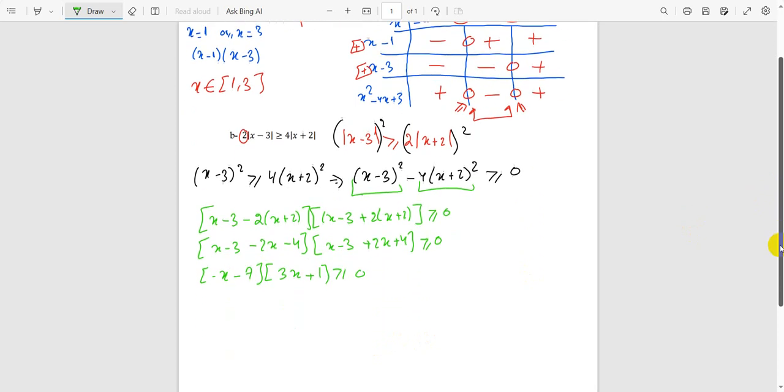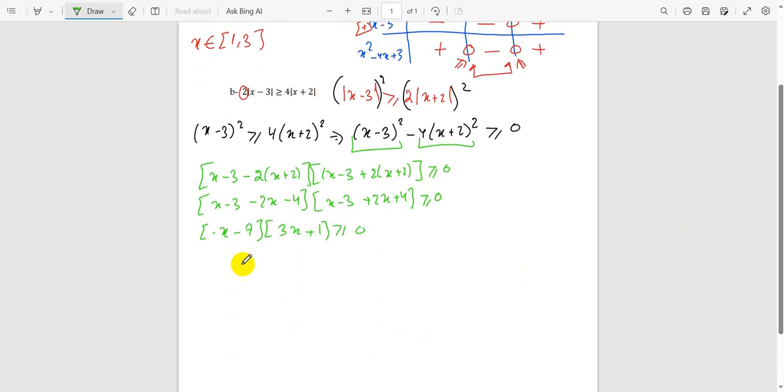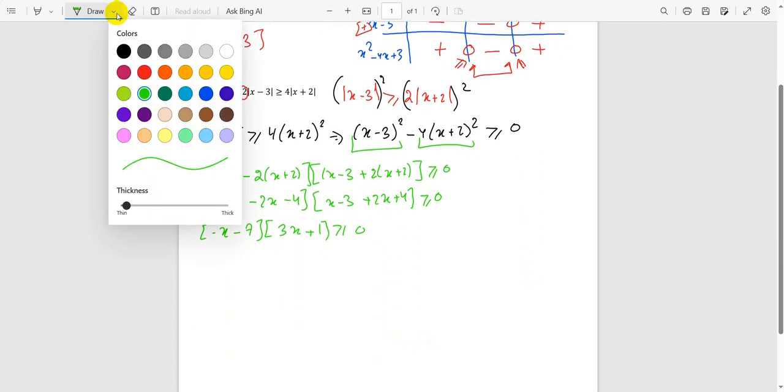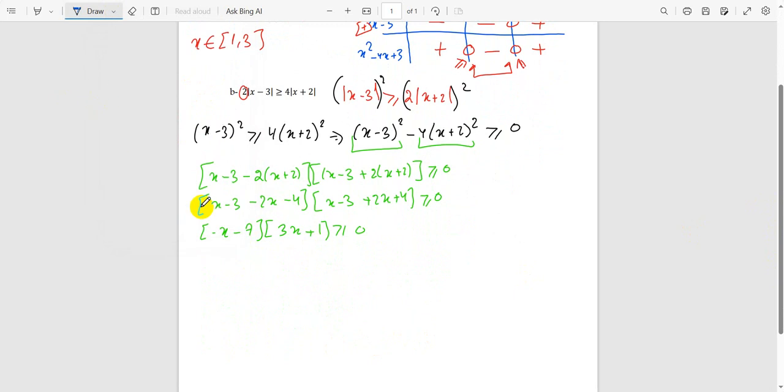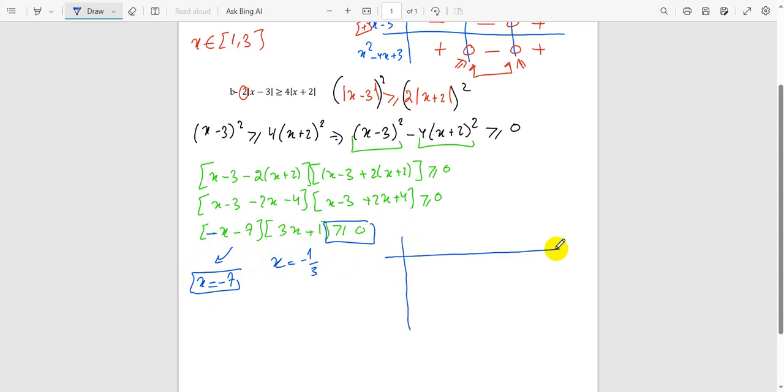Right now we have a product of two first degree polynomials. We can study the sign by finding the roots. I have to freeze the inequality. I will get that the root of this factor is x equals negative 7, and the root right here is x equals negative 1 over 3, solving it equal to 0. Set up the table of signs.